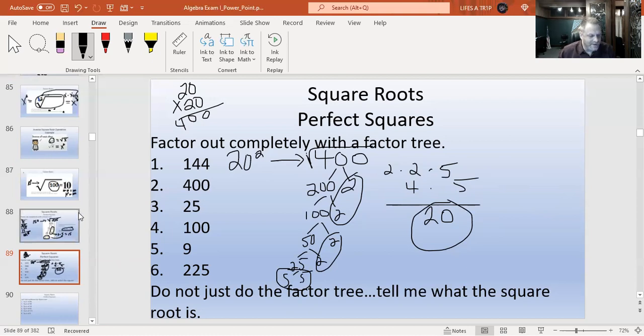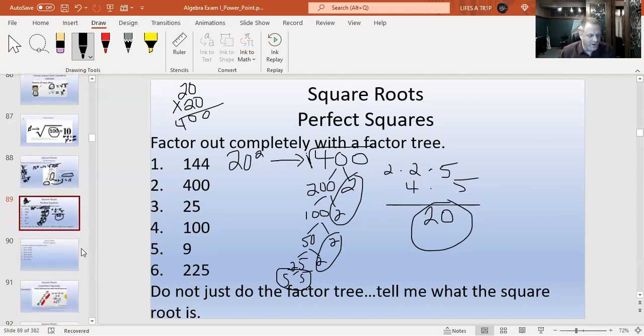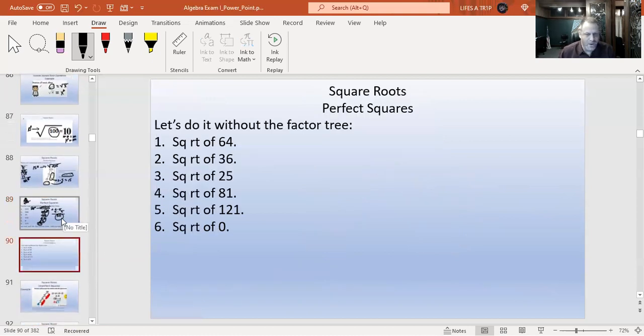All right, guys, I'm going to cut this off for now. Actually, hold on, let's do it without factor trees, guys. So let's look at the square root of 64 is 8. Let's look at the square root of 36 is 6. The square root of 25 is 5.